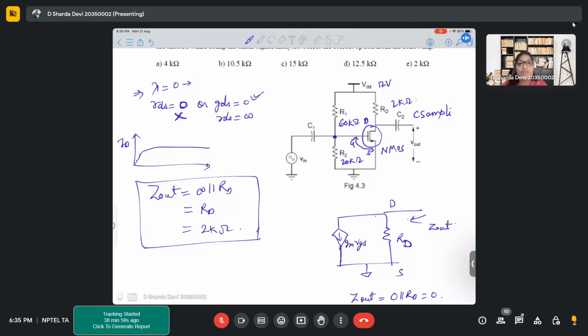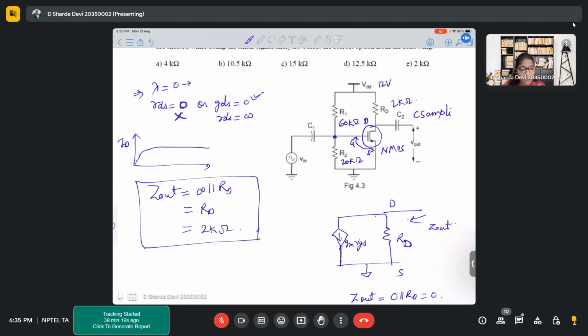So there, the concept of poles and zeros come into picture. Poles and zeros are also majorly considered in the figure of merits. Bandwidth will also come into picture. So these are the few things that you have to calculate when you are given a particular amplifier circuit.